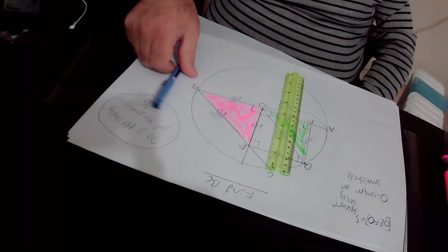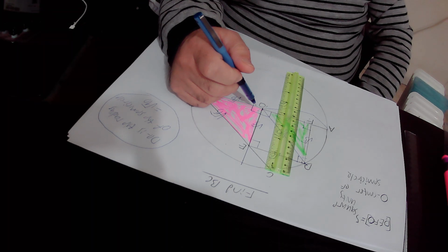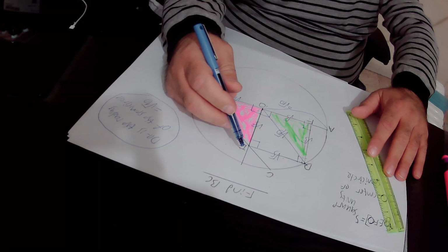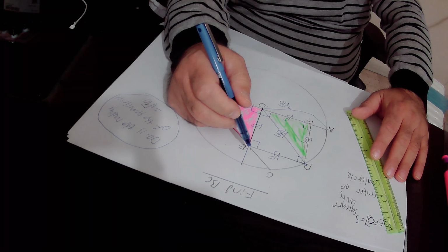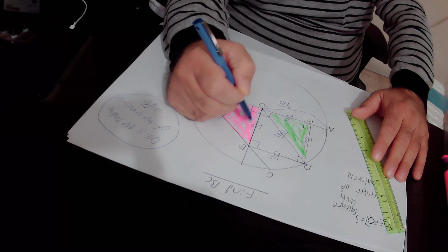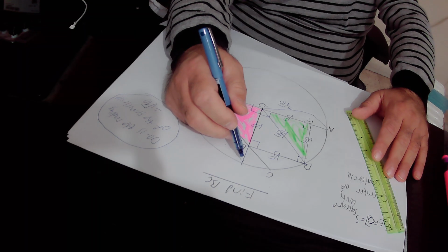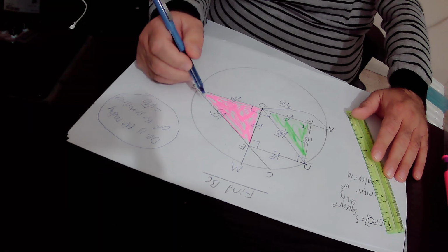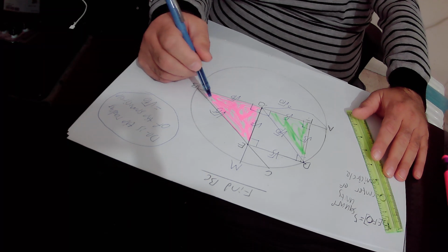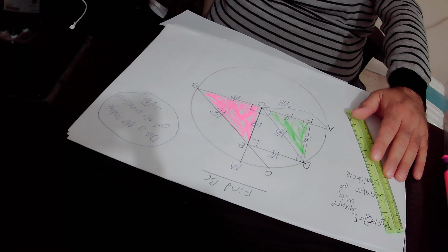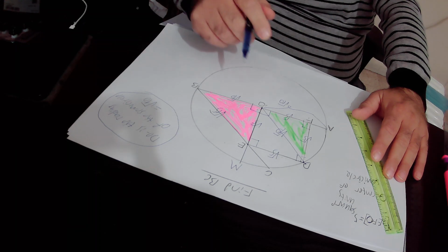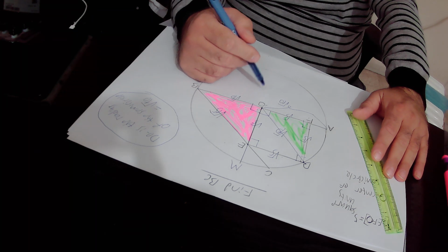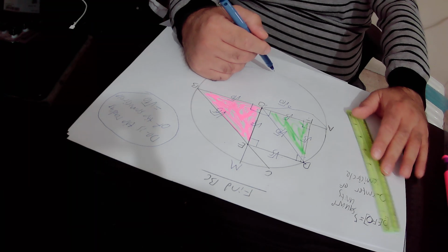So we'll extend line segment OE until it touches the circle. We define the touching point of the extended line segment OE in the circle as point M. We'll extend also the lower EO towards the lower side of the circle.